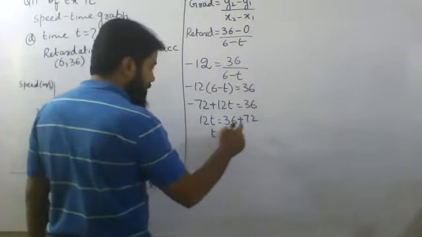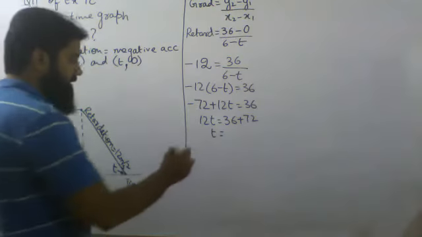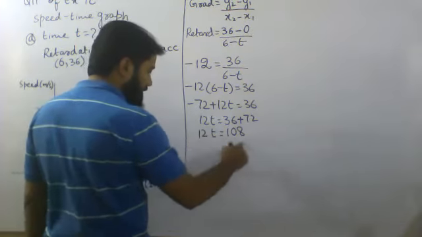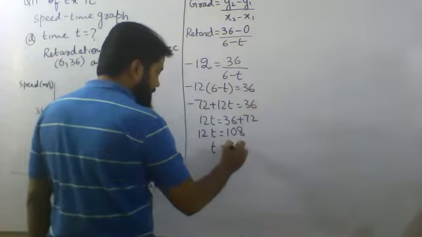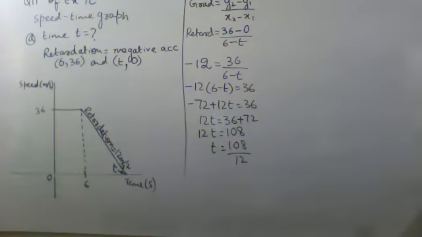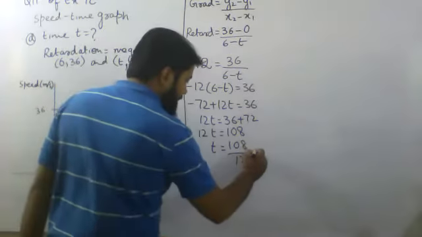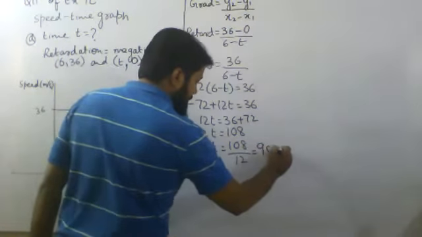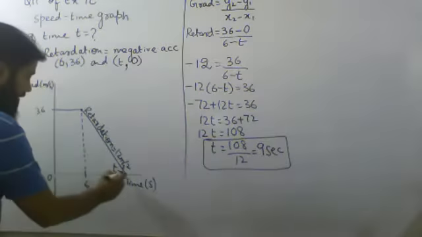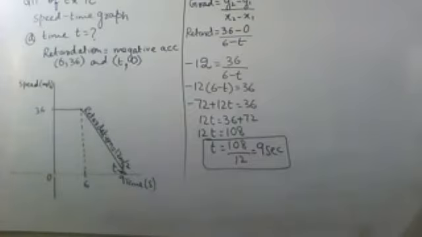When I add all of this, it will become 108. So t equals 108 divided by 12. When I simplify it, I will get the value of t, which is 9 seconds. That's your A part of this question.